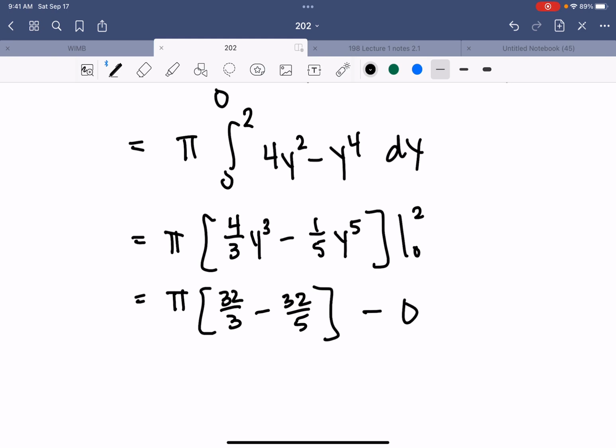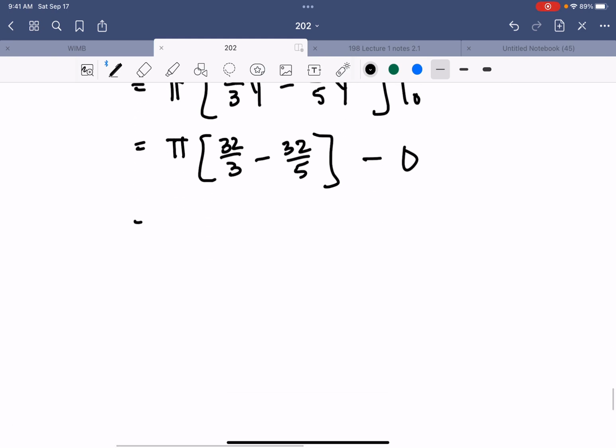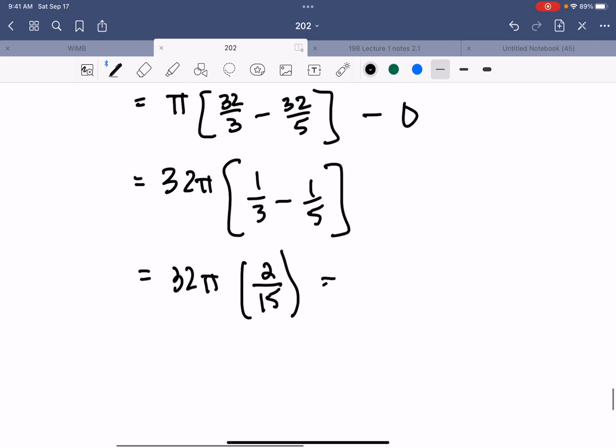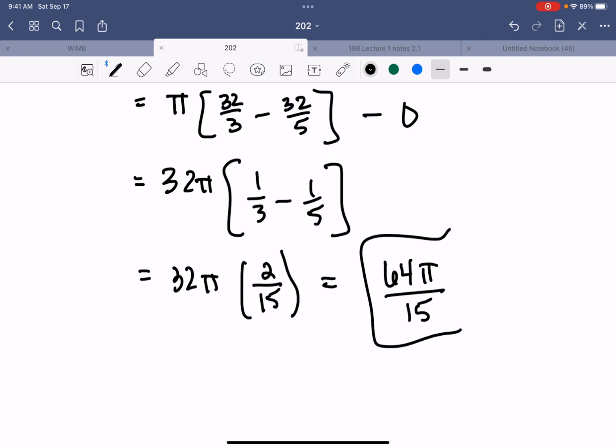When you plug in 0, you get 0. And this is 32 pi. I'm going to pull out the 32 because I don't have a calculator. If you have a calculator, just plug it in. And this is times 2 over 15. So this gives us a final answer of 64 pi over 15.